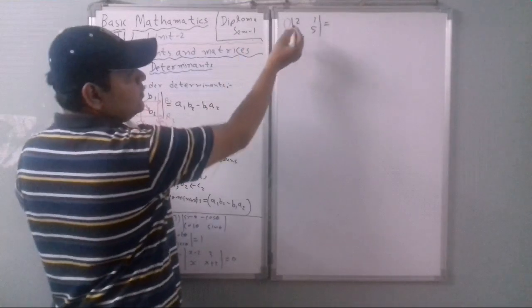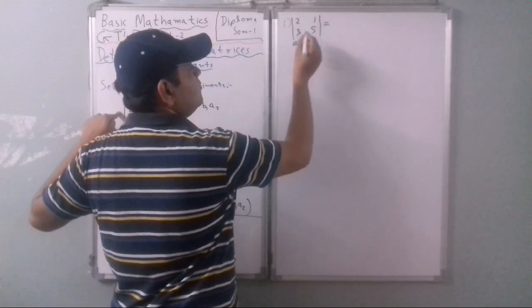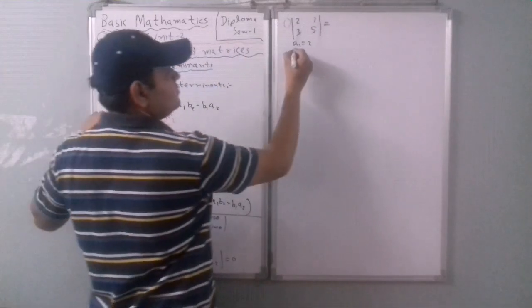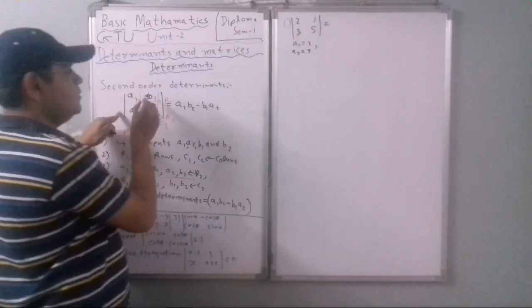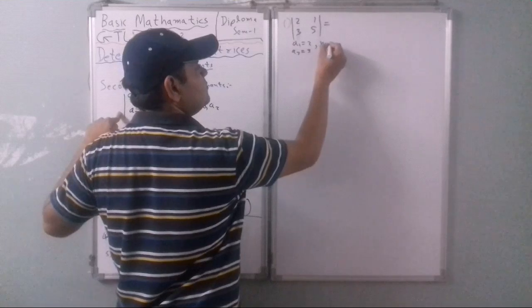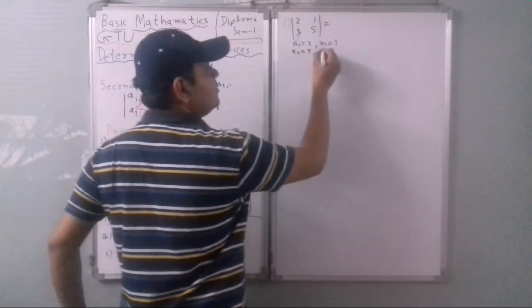Here A1 means 2, A2 means 3, B1 means 1, and B2 means 5.